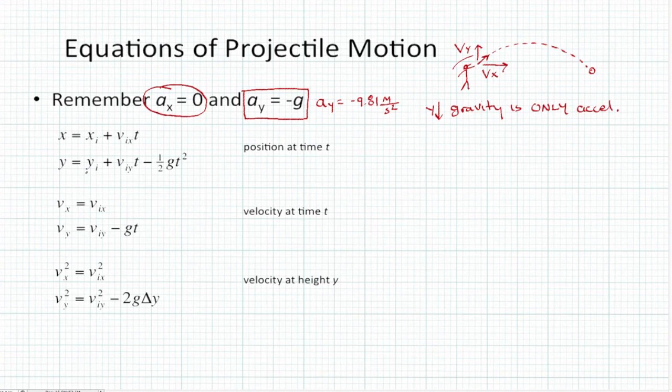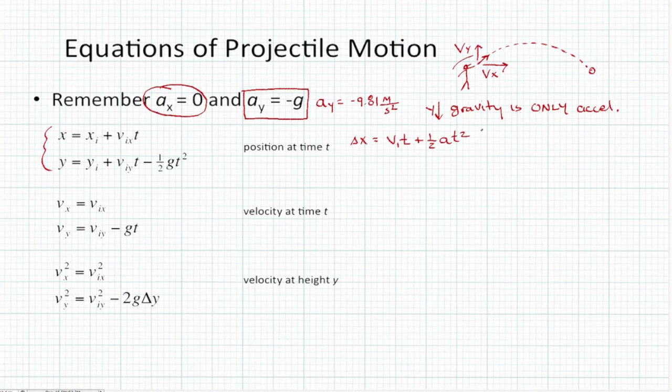Let's look at this first section right here, position as a function of time. Now the original equation we used probably looked something like this: delta x equals initial velocity times time plus 1/2 times acceleration times time squared. Does it look familiar?